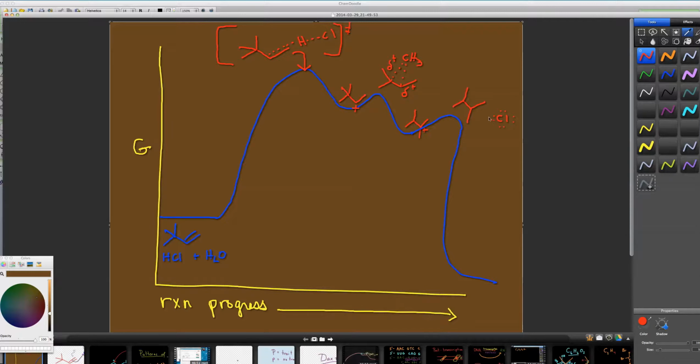In this case, I'm just going to show you the possibility of Cl- attacking. Partial negative charge, partial positive charge. And of course, in products, we've already made the bond.